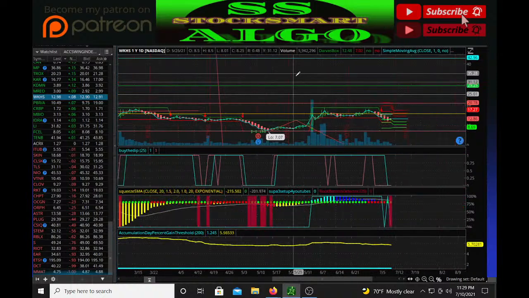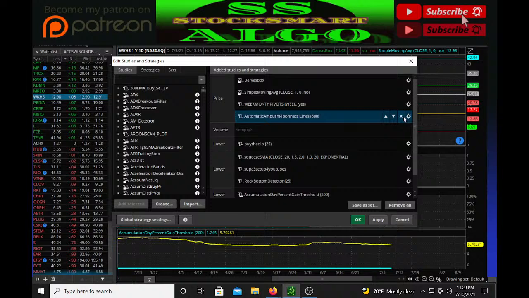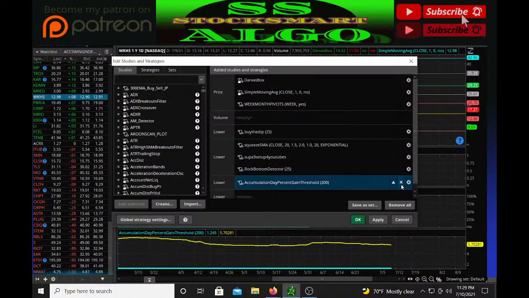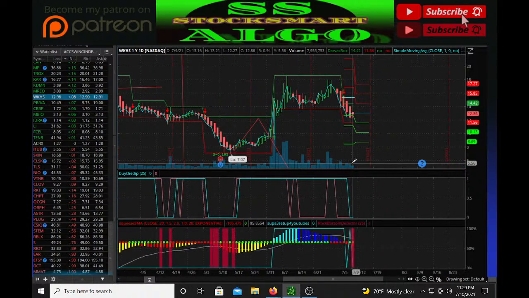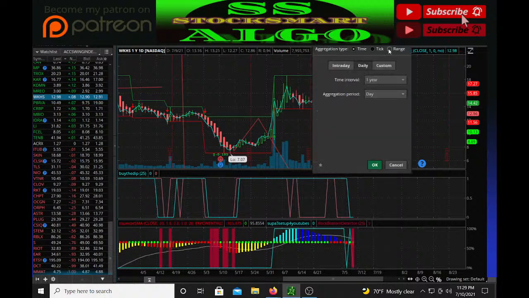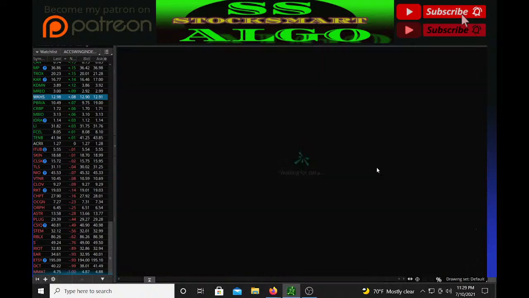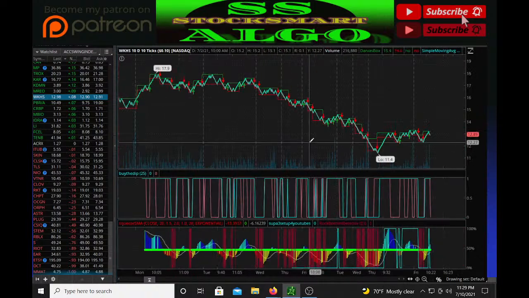Accumulation day percent gain threshold. All right, let's get rid of our automatic Fibonacci lines. We'll get rid of that one. Okay. Now let's see how they react to range bars. You know, some Renko.